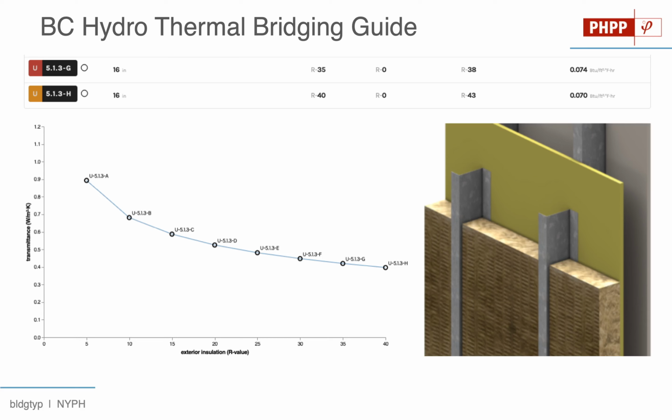And if you have 10 inches of insulation, here's the expected U value. They have a lot of elements like the one shown here, also from that BC Hydro guide, where you can figure out where your assembly lies on this curve and have a U value associated with it. So this would be another good source for U values to use in your project.